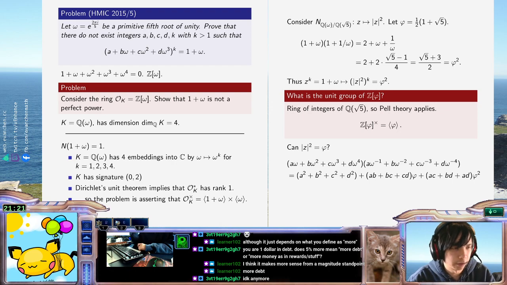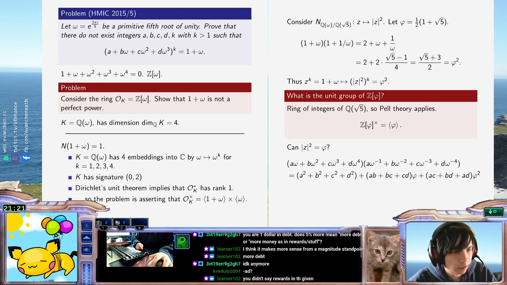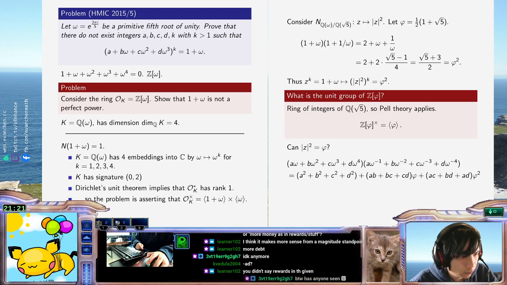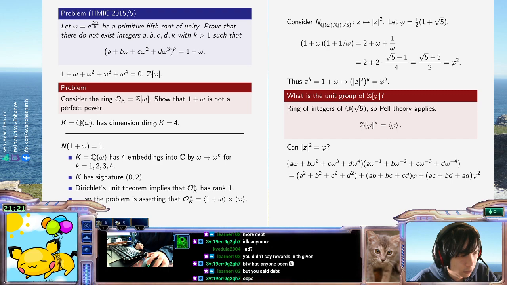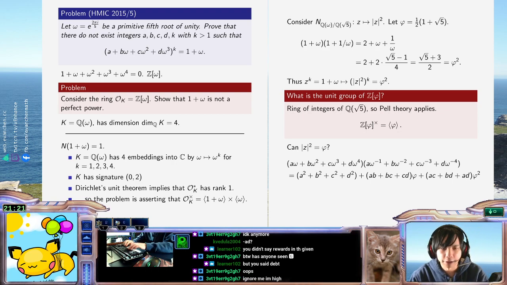Yeah, I think this is better because this is more symmetrical. Is that correct? No, I think it's actually plus. You get da omega cubed and then da omega squared. Is that okay? So I think this is what it should be. If I use these variables, this is better because it's symmetric.